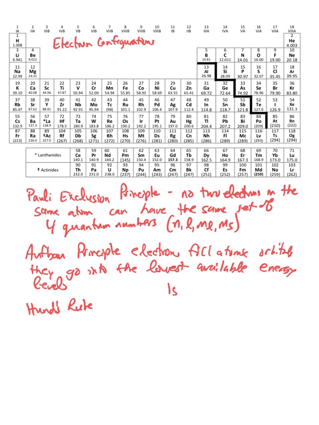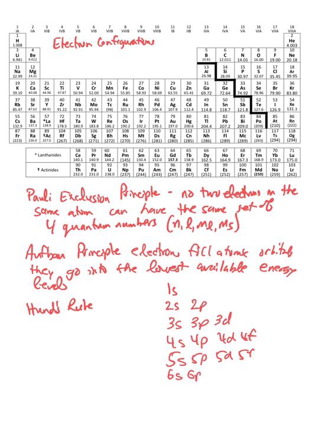And you may have seen, and there's in most books, a little chart that looks something like this. 1s in the first row, then 2s, 2p in the second row, 3s, 3p, 3d in the third row, and so forth.